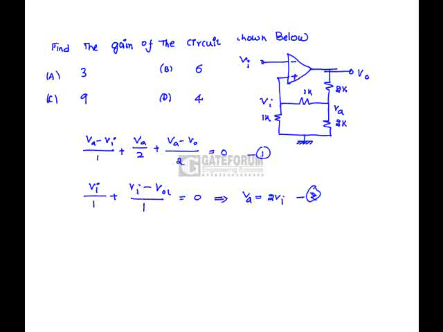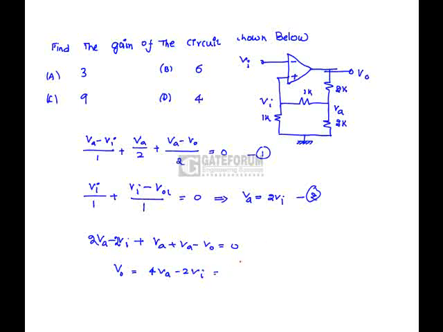This is equation 2. So solve equation 1: VA minus VI plus VA plus VA minus V0 equals 0. So V0 is equal to 4VA minus 2VI.